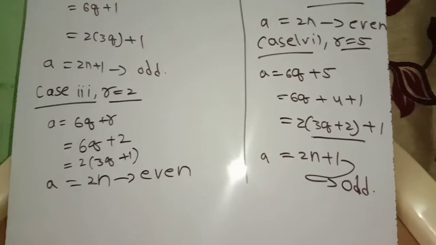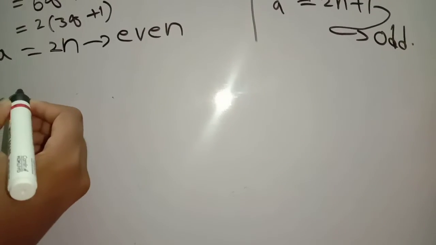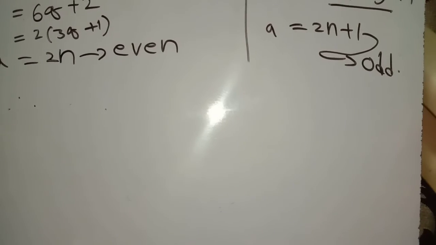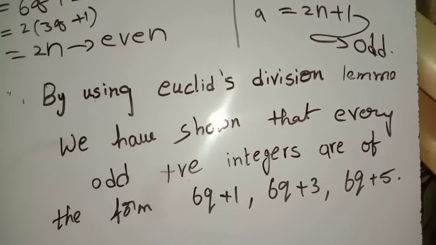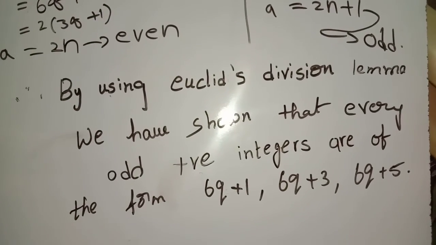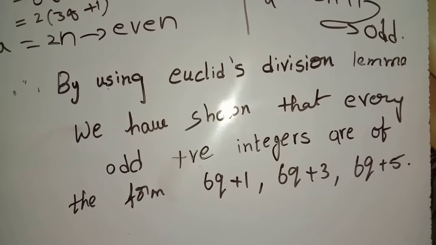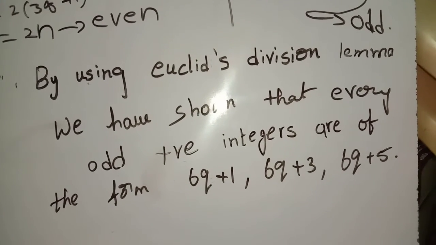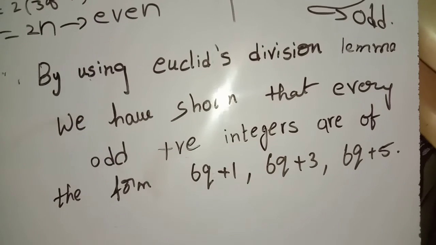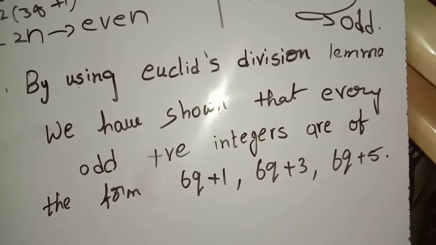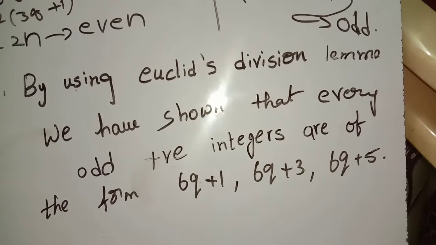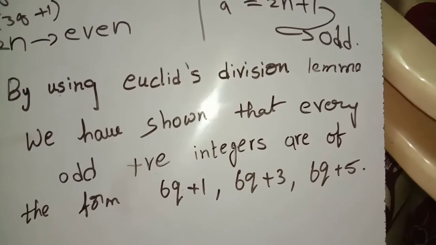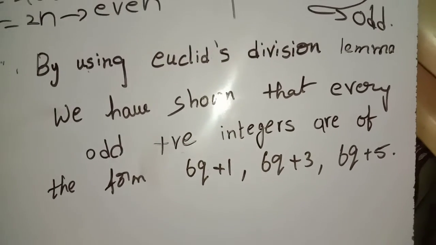So finally, by using Euclid's division lemma, we have shown that any odd positive integer is of the form 6q + 1, 6q + 3 or 6q + 5. Take a full view of the board.